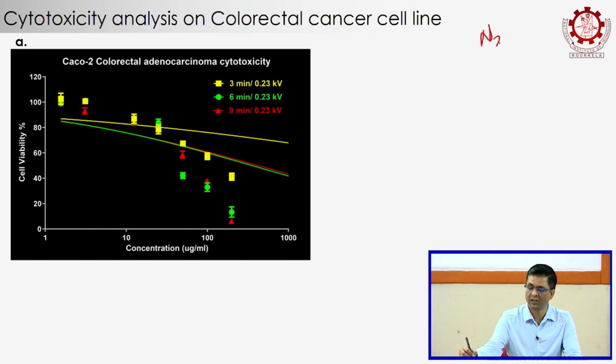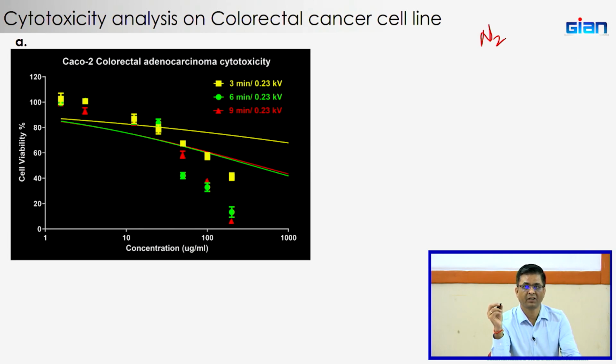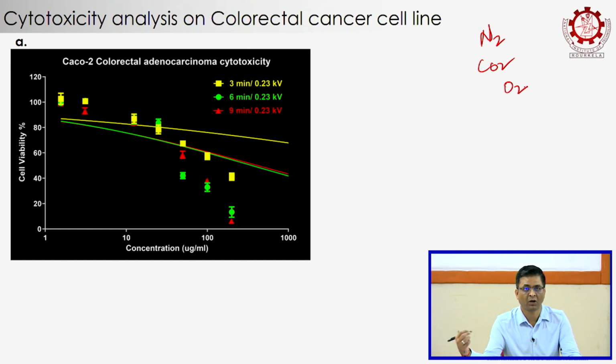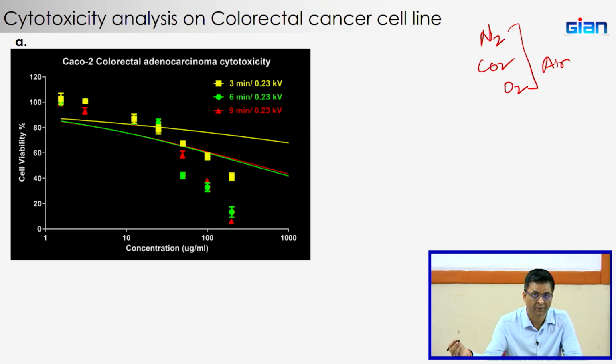Think, if you are using only nitrogen, what reactive species will it form. When you are using CO2, what reactive species will it form. When you use oxygen, what reactive species will it form. Or if you are using air, which is a combination of all these three gases, what reactive species will it form, which is responsible for breaking those cells.